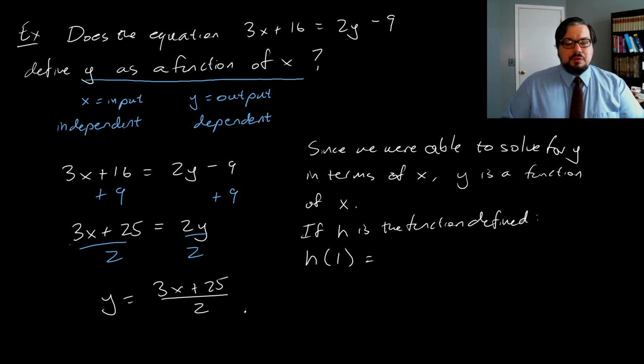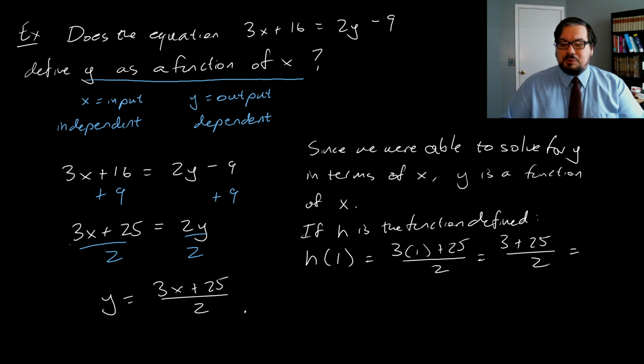Well, if x is 1, then y, the output, is 3 times 1 plus 25 over 2. That's the equation that we just got. We've got y is equal to this whole expression in terms of x. So that gives us 28 over 2 is 14. So h of 1 is 14, or in other words, the pair 1, 14 is in the relation h.